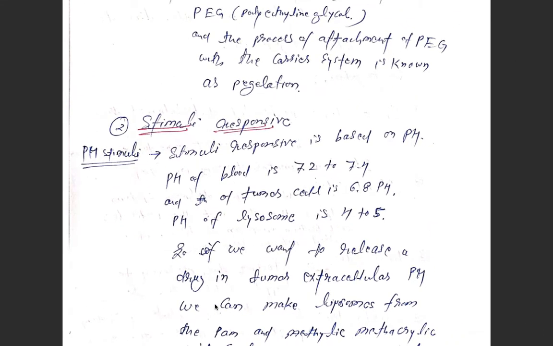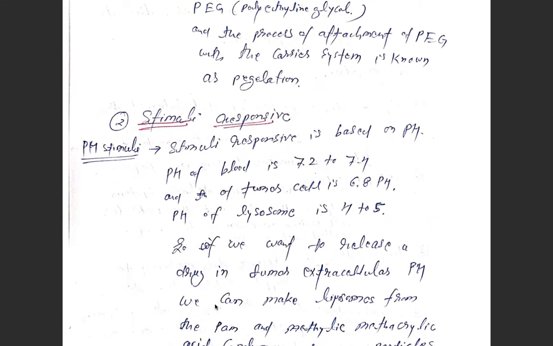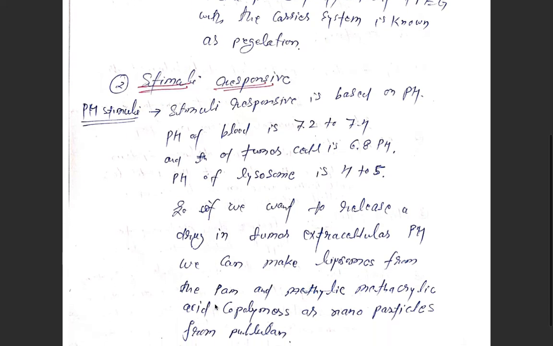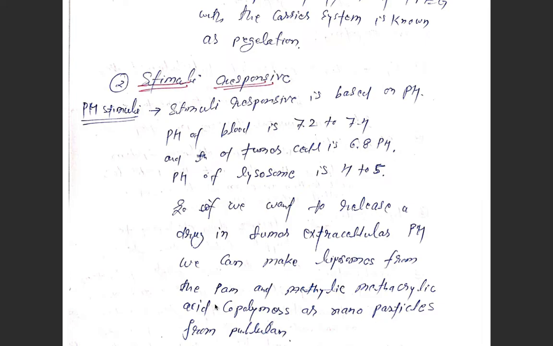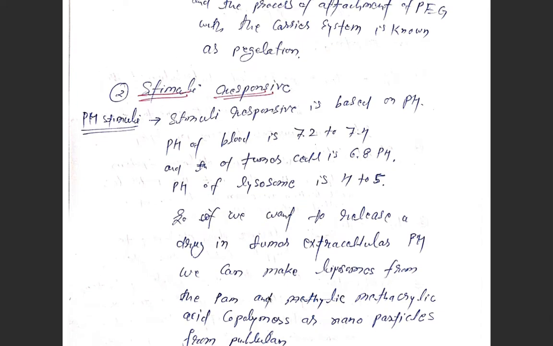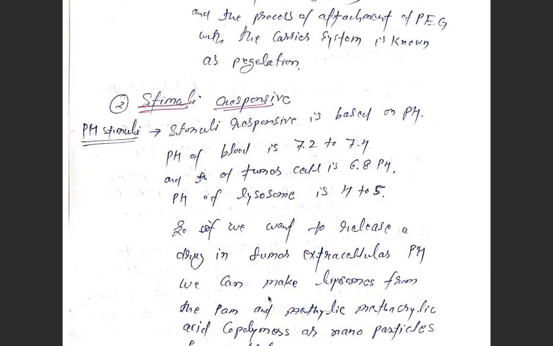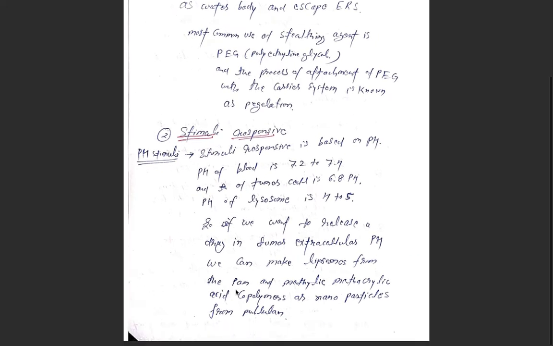So we use pH as a stimulus, as a trigger point to release the drug into the extracellular space. There are different pH values, and the difference in pH is important for this pH stimulus.